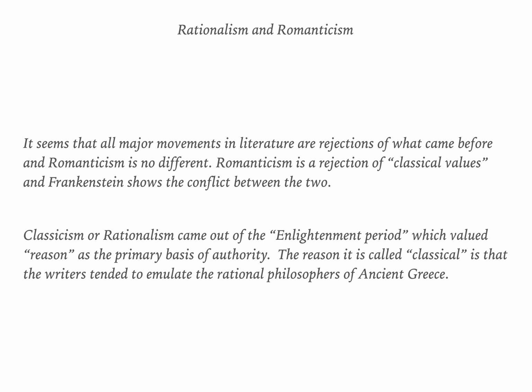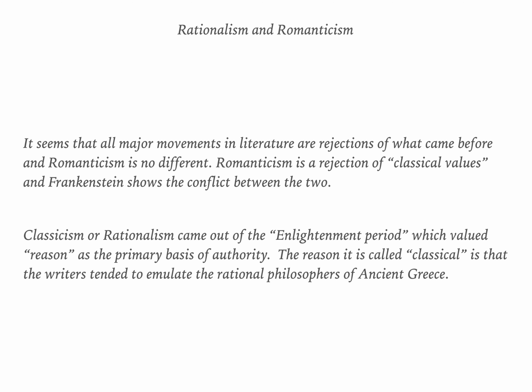Socio-historic and literary contexts, then. Rationalism versus romanticism. It seems that all major movements in literature are rejections of something that came before, and I think that's very much the case with romanticism. Romanticism rejects classical values, and Frankenstein shows a conflict between the two.